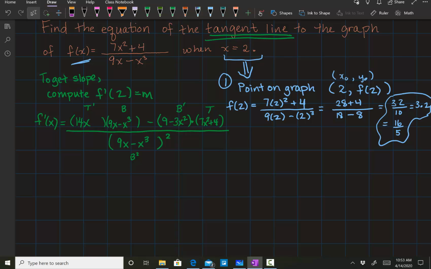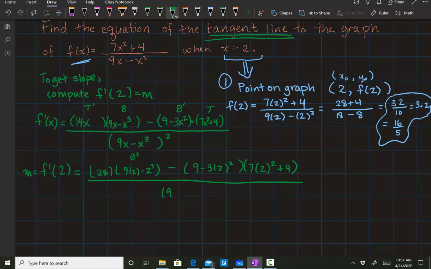Let's go ahead now. The slope we want is when we plug 2 into this expression. So I'm not going to simplify first, I'm just going to put 2 in. So 14 times 2, that's 28, times 9 times 2 minus 2 cubed, minus the quantity 9 minus 3 times 2 squared, times 7 times 2 squared plus 4, all divided by that denominator, 9 times 2 minus 2 cubed, squared.